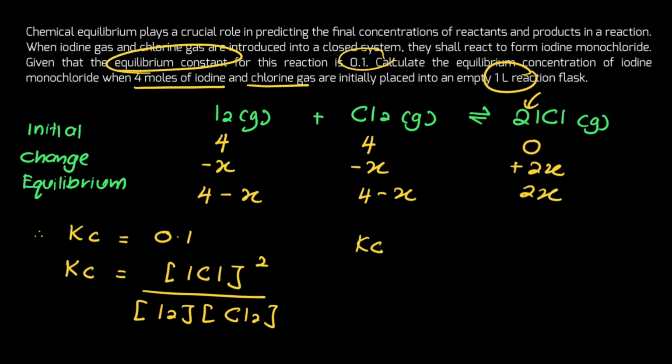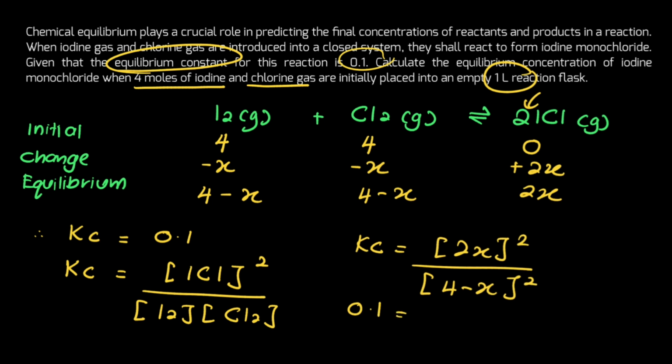So we can also write 2x squared divided by 4 minus x squared, because it's the same thing. Then you substitute the value: Kc is 0.1, which is equivalent to 2x squared divided by 4 minus x squared.